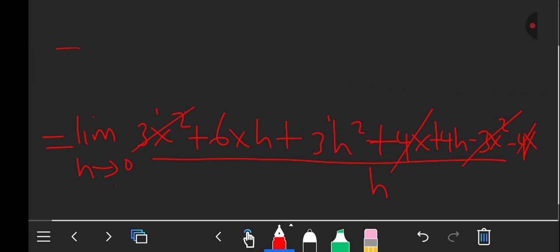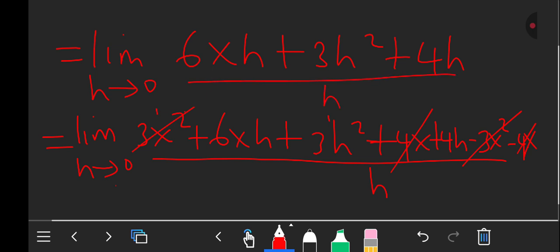So we're going to remain with limit as h approaches 0, 6xh plus 3h squared, then plus 4h, of course, then over h.